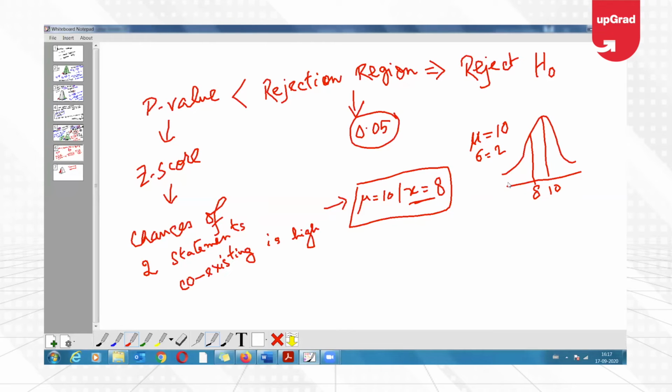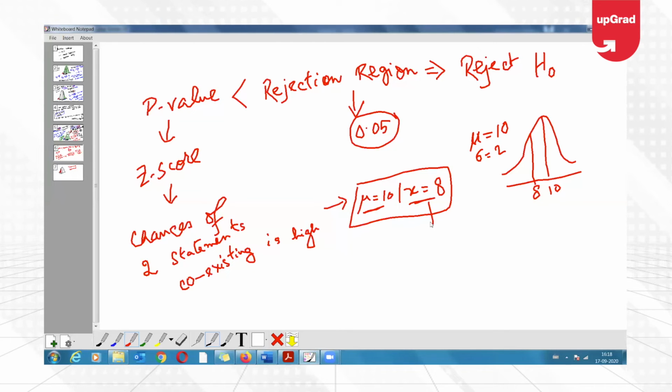So I pick up a random sample which is 8.